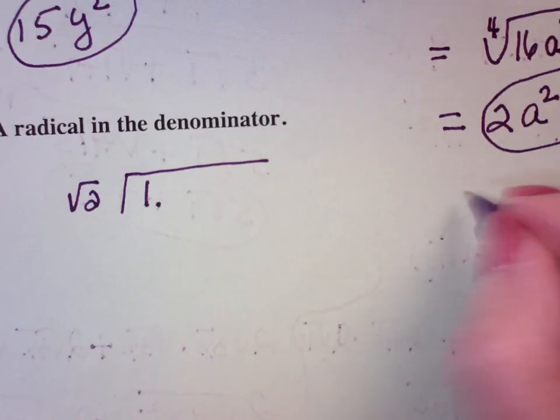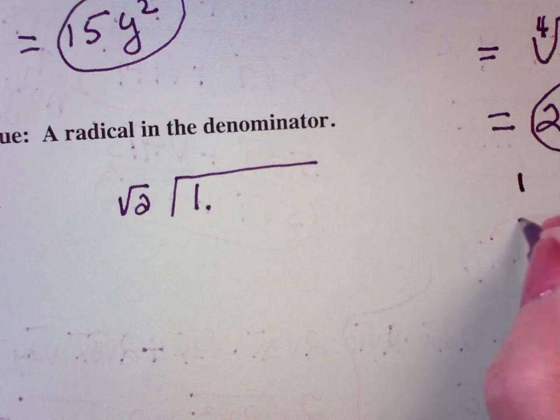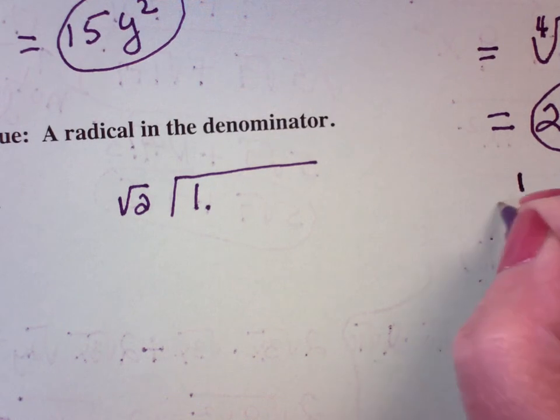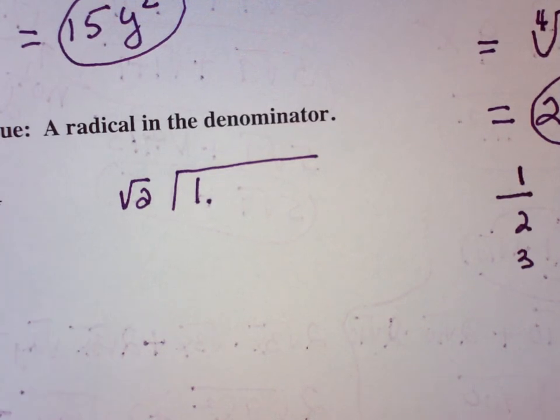That means if I look at what produced it, it is between 1 and 2. And then what you would do is say, well, 1 times 1 is 1, so that's not good. Then you would take 1.1 times 1.1, and you'd keep doing that until you'd be bigger than 2.